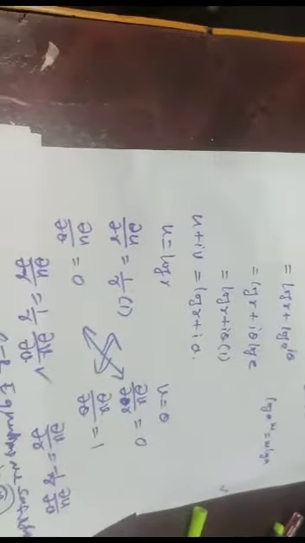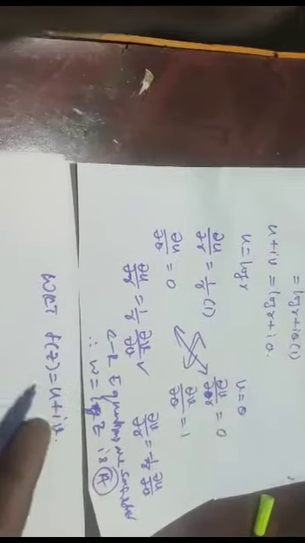Next, we have to find the derivative of the same. For that, we know f of z is u plus iv. Now the problem is in polar form, so if we differentiate with respect to r, please do remember this formula.